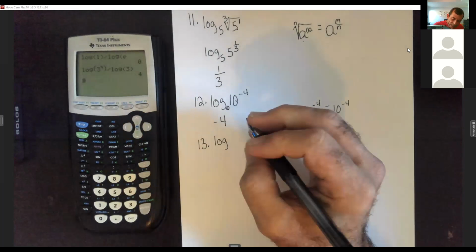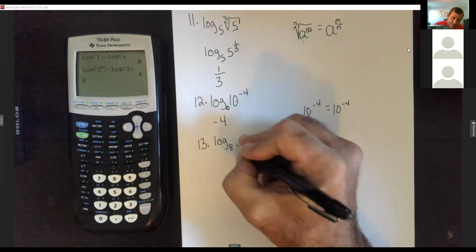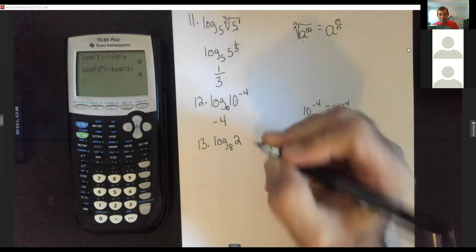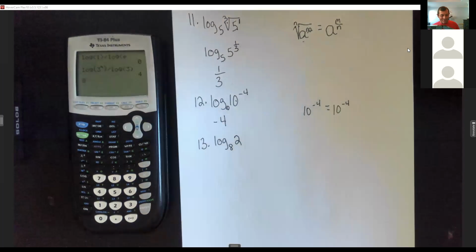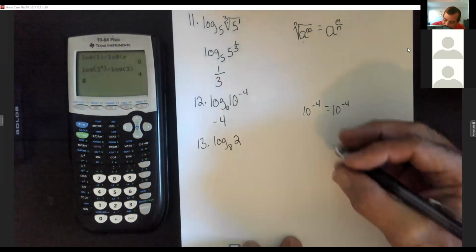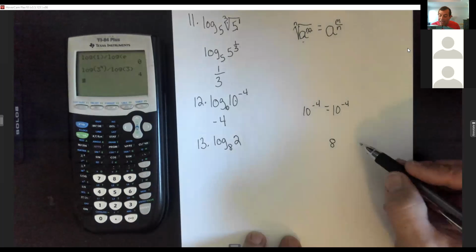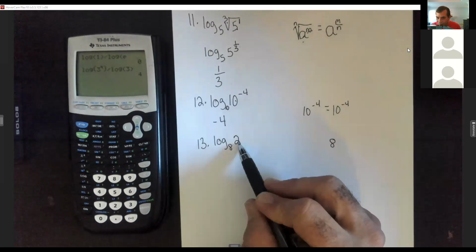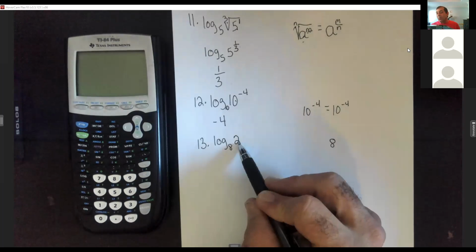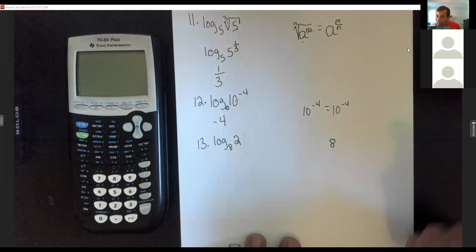Log base 8 of a 2. So I got an 8 sitting over here. What in the world could I do to an 8 to turn that into a 2? So this one, you better be thinking radicals.